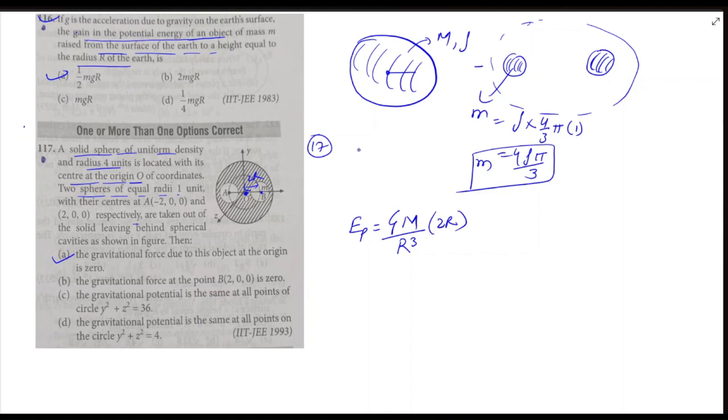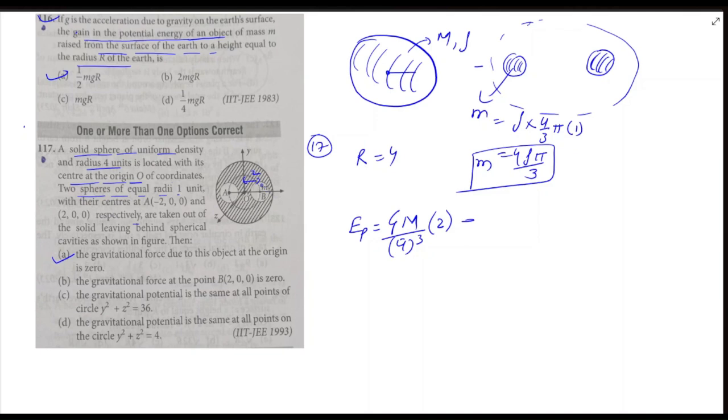So capital R is 4, and this is 2 units. So I'll write here 4 cube, 4 cube into 2.